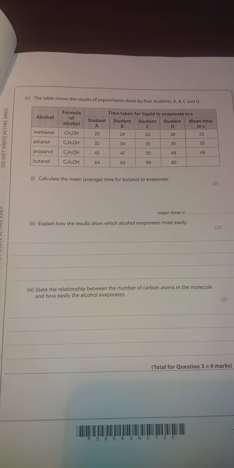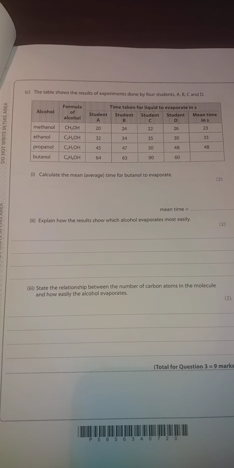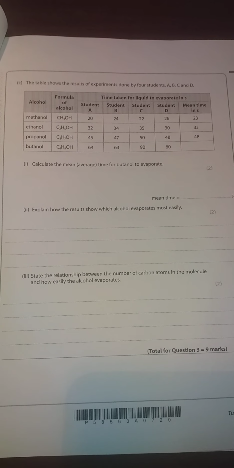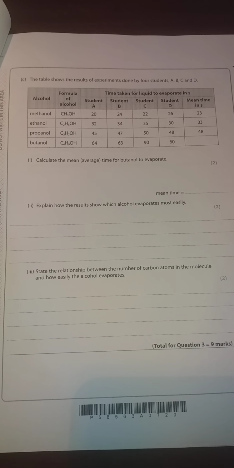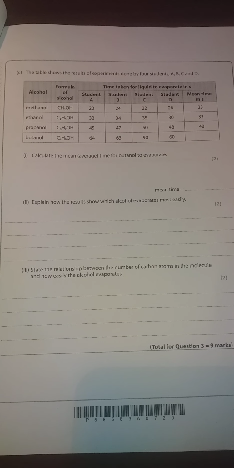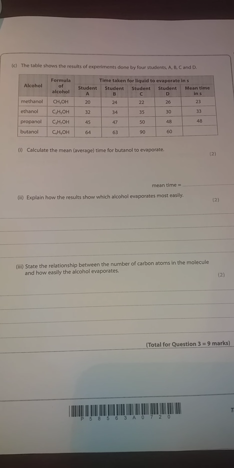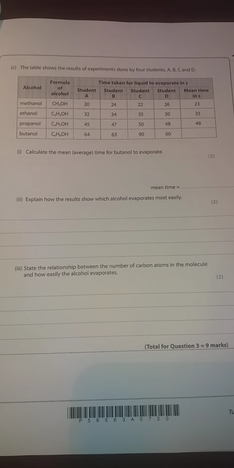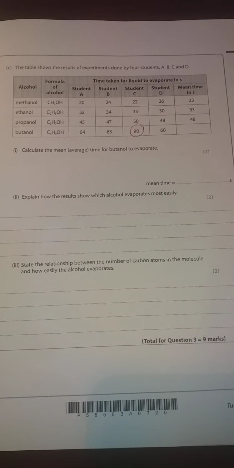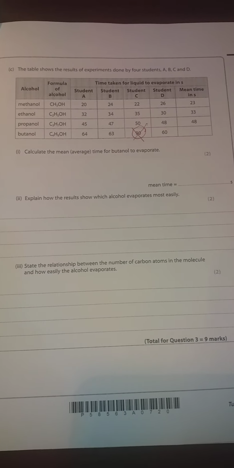So the first question says, calculate the mean or the average time for butanol to evaporate. Butanol is the first one. So we have got 64, 63, 90, and 60. 64, 63, and 60 are concordant results. They are near each other. 90 is far away. So we are going to consider this 90 as an anomalous result, meaning that when we are working out the average, we are going to do away with it. We can't use it.